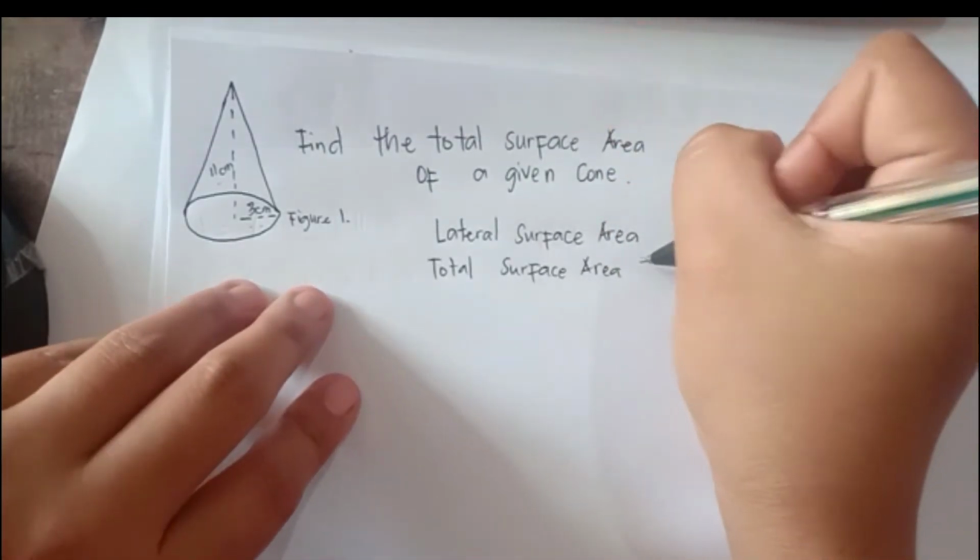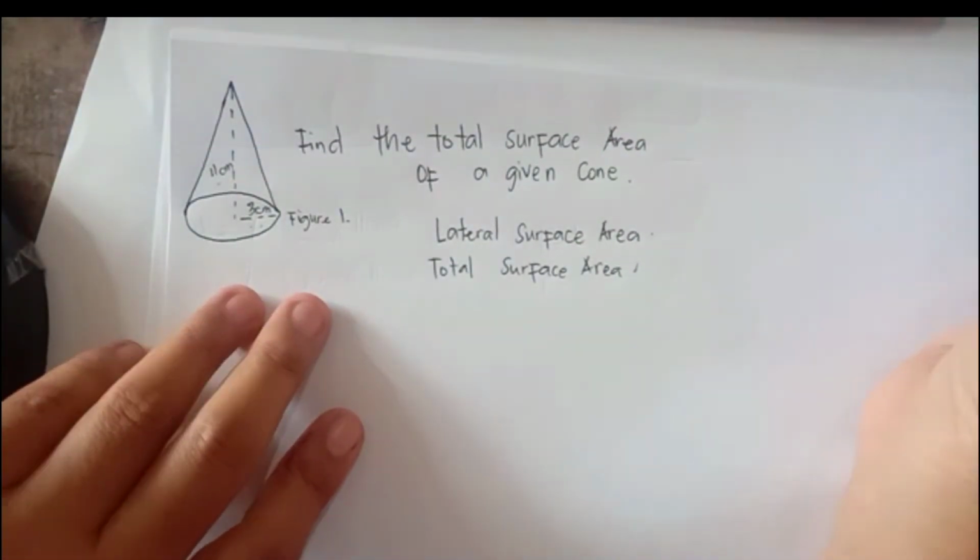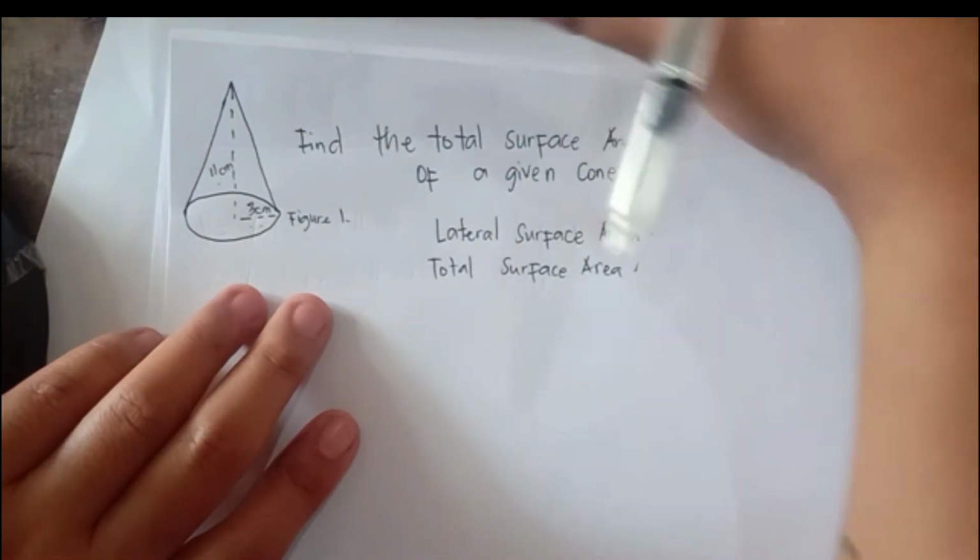So, unsa tong formula sa lateral surface area?